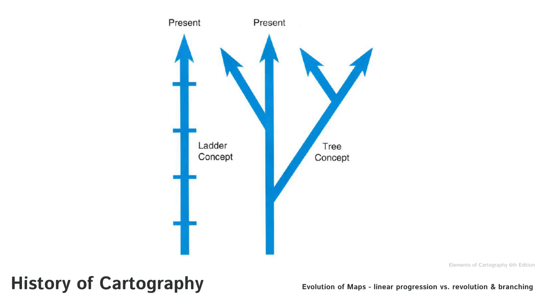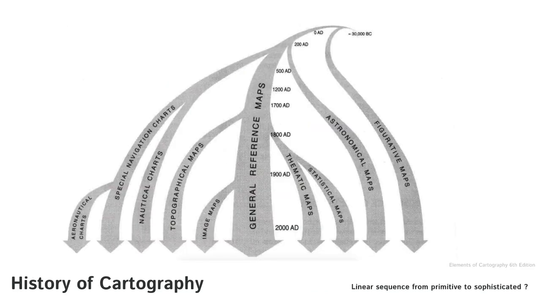One is a ladder concept, a very linear understanding of history, and a second one might be a tree concept where things that came before branch out and become very varied over time. This concept of ways of organizing the history of mapmaking comes from a classic text called The Elements of Cartography. So we can look at the linear progression versus branching of the history of mapmaking.